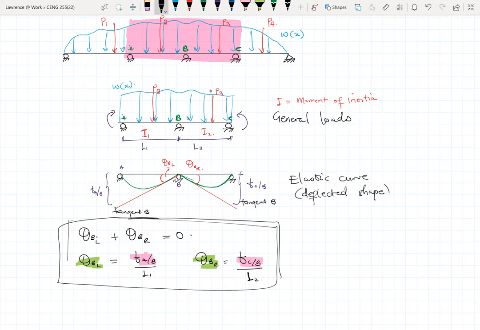We can convert these general loads into a case whereby we could look at a few things. So normally, let me again take this.